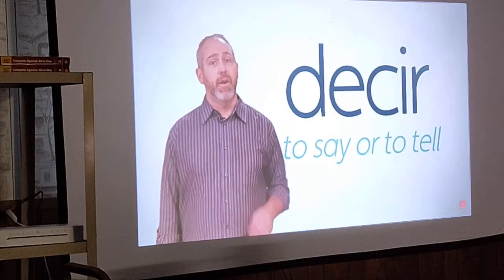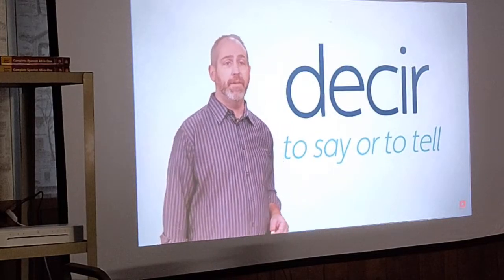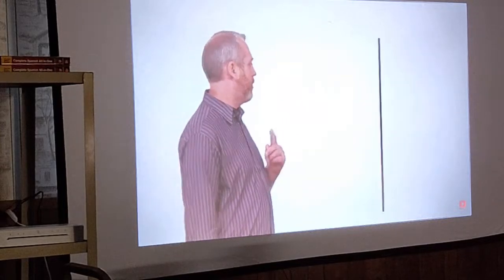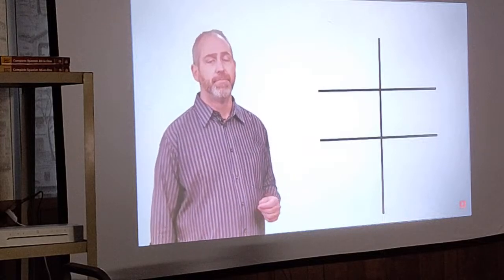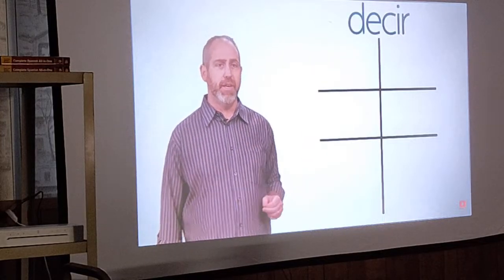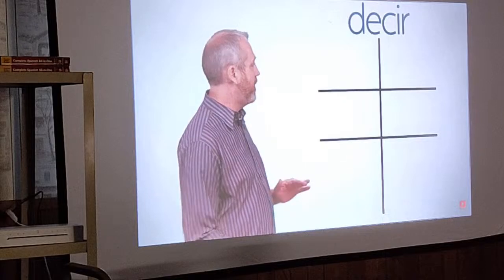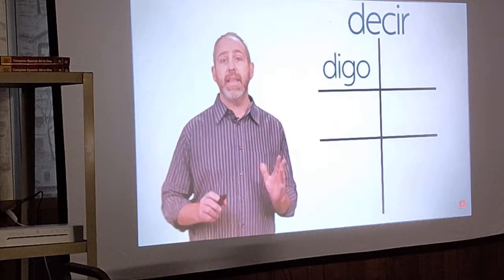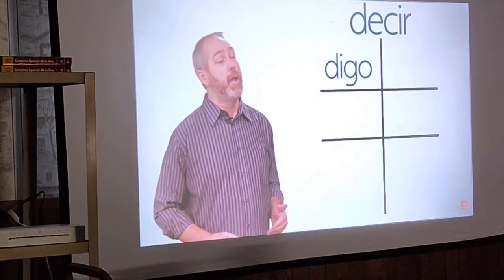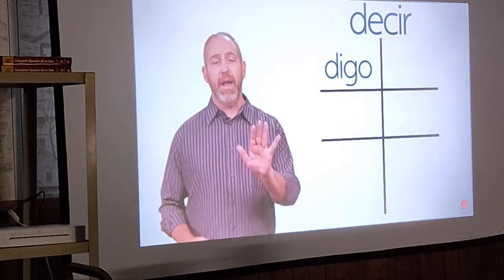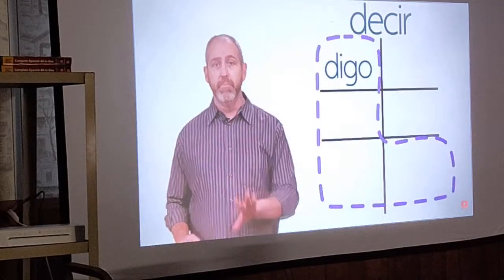Now, let's put the chart up because I want you to visualize this, okay? So you might want to draw the chart in your cuaderno right now, on your papel. And let's put the conjugations up. Now, the yo form of this is digo, D-I-G-O. So it also has a G in it. But here's what happens in the boot.